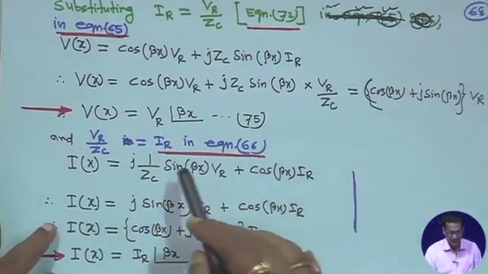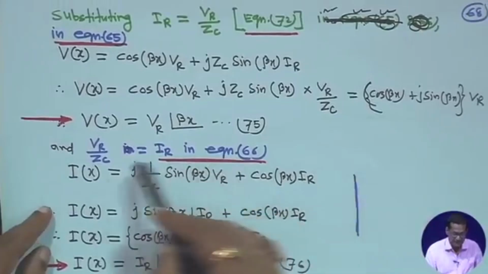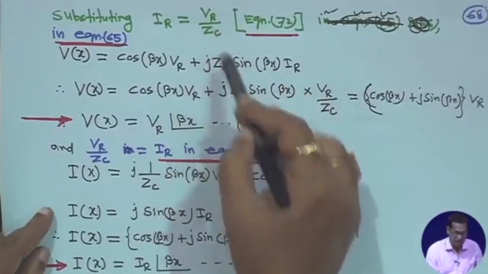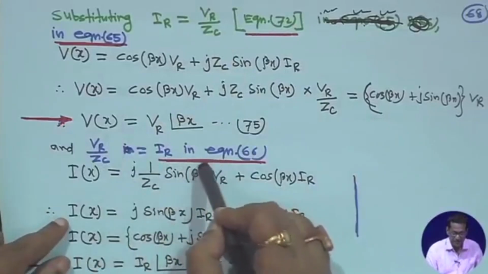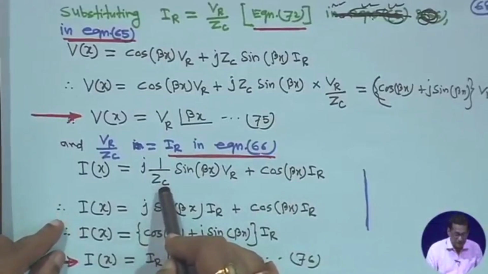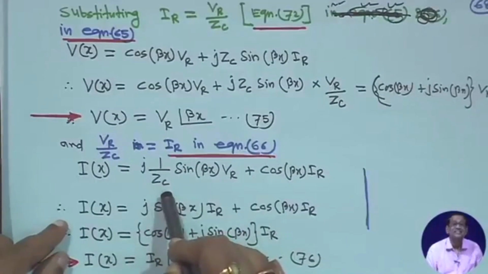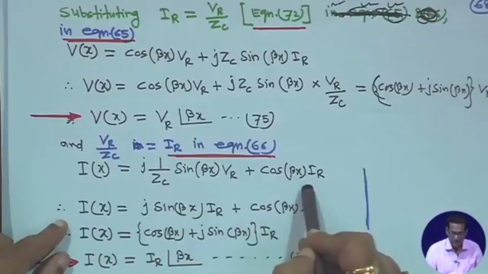Similarly, writing the same thing the other way, VR upon ZC is equal to IR, you substitute it in equation 66. Equation 66 is Ix is equal to 1 upon ZC sin beta x VR plus cos beta x IR.